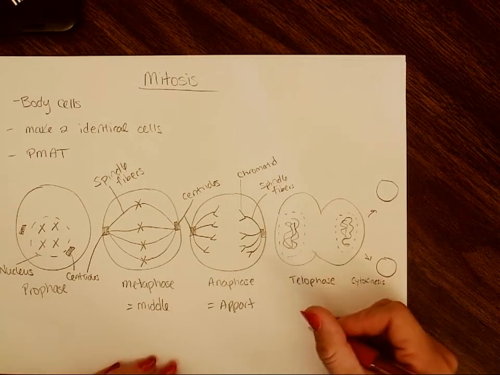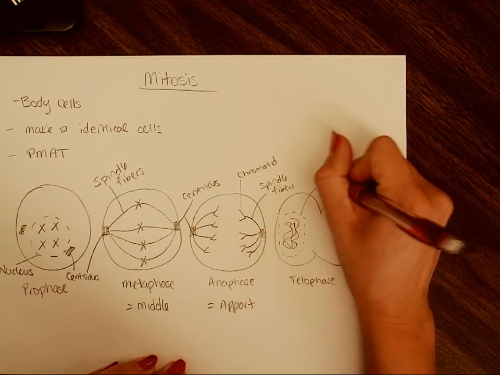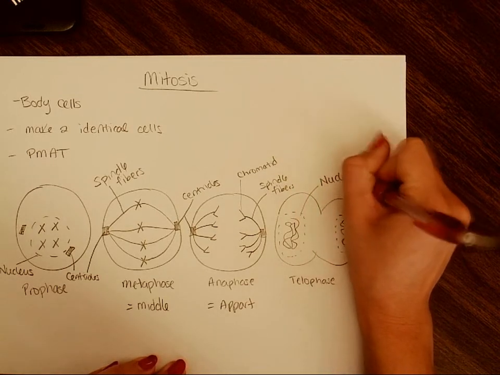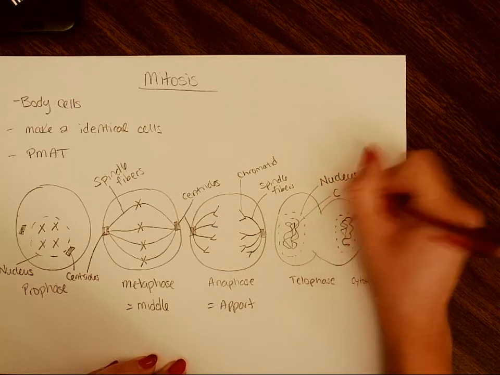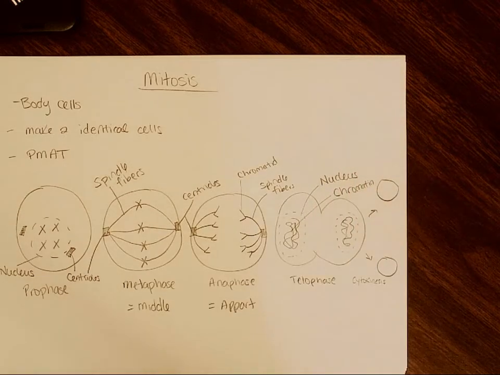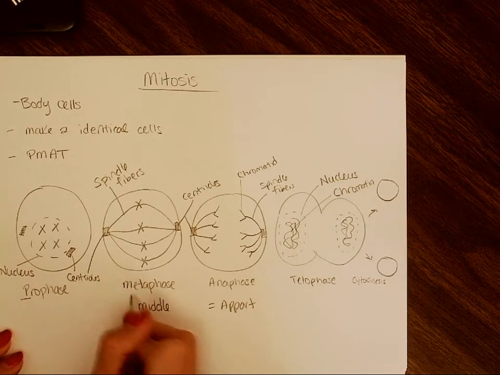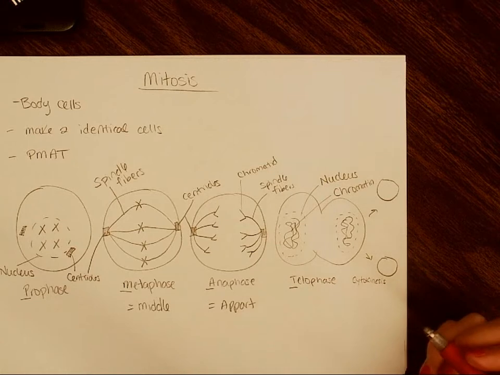If we add some labels to this picture, we see the nucleus is starting to form, and the DNA is going to relax and turn back into chromatin. Now, these are our phases for PMAT: prophase, metaphase, anaphase, telophase. This is our period of division here.